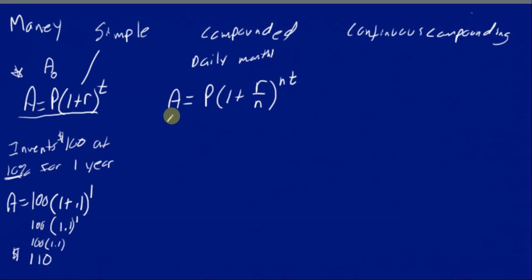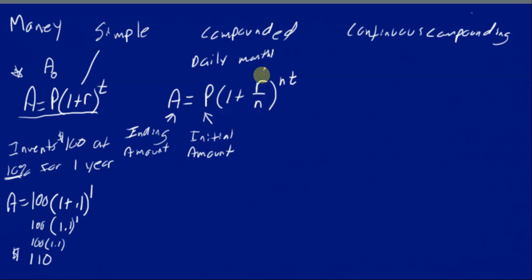All right, so what do we have here? A is the ending amount. That's what I've been saying. P is going to be your initial amount. And the reason P is there is because with money and investment, it's called your principal. It's what you put up.